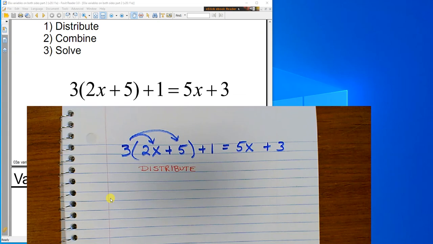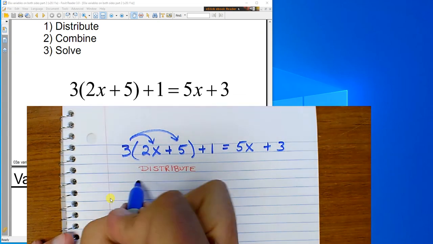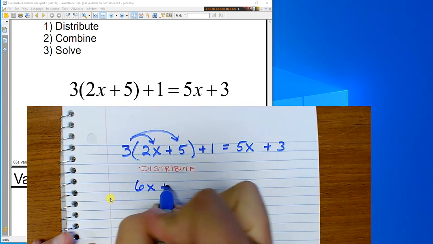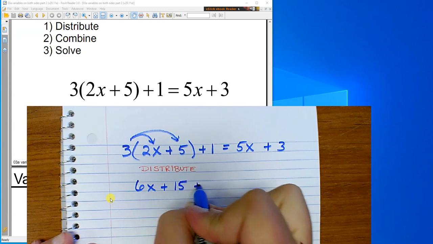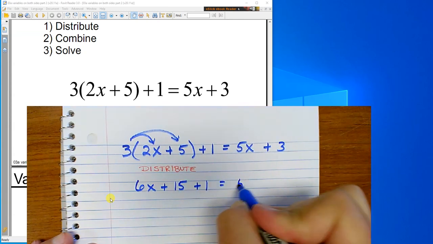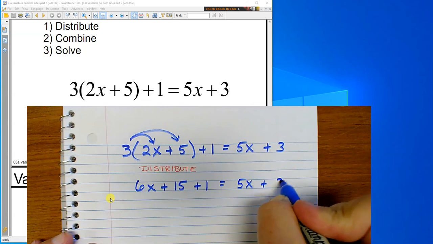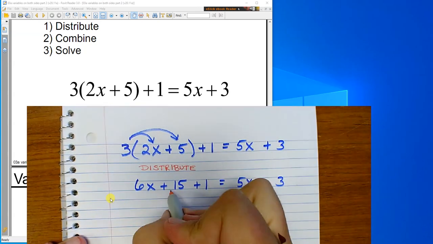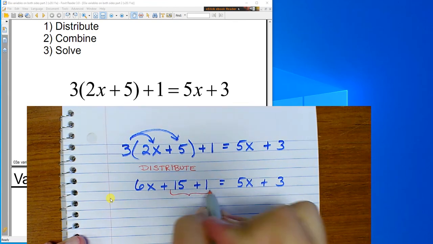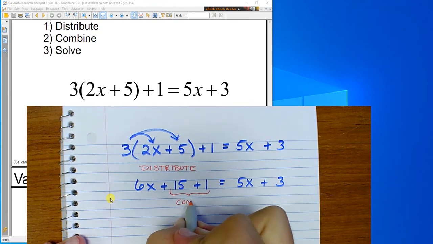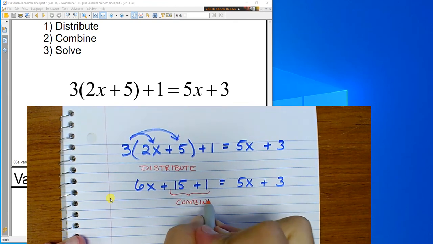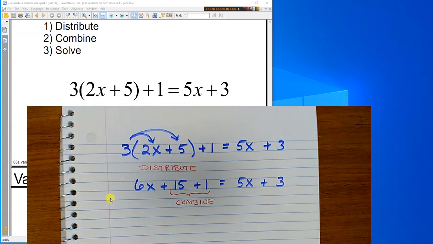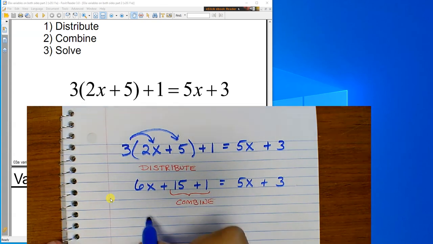That's going to give me 6x plus 15 plus 1 equals 5x plus 3. Now we'll combine these two terms right there. Notice we're just following the flow map. 6x plus 16.